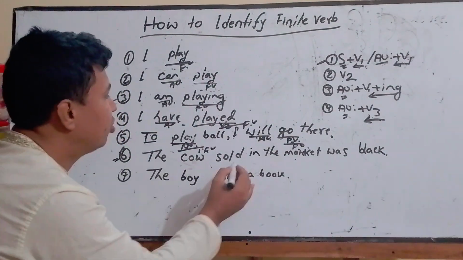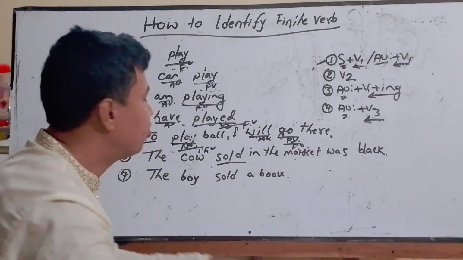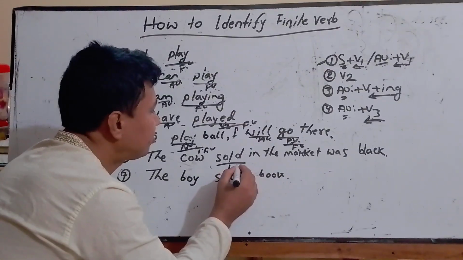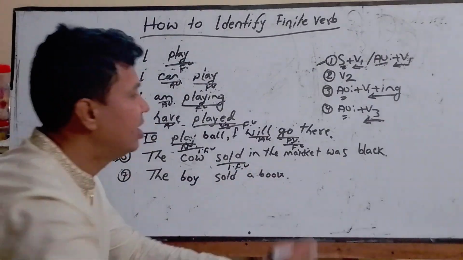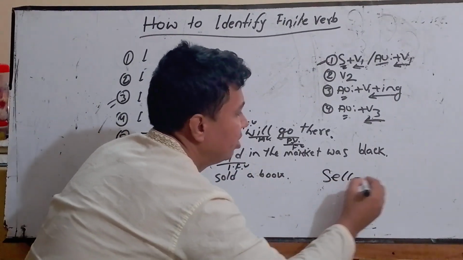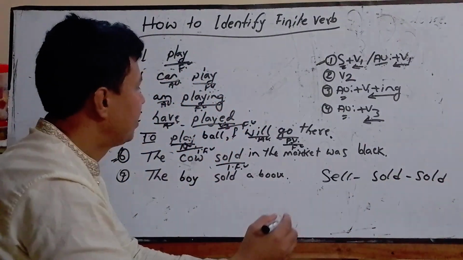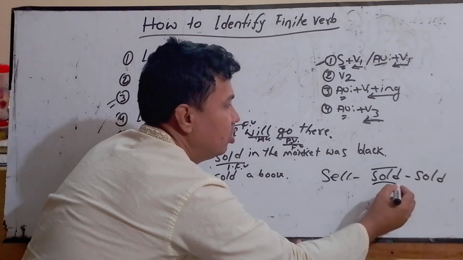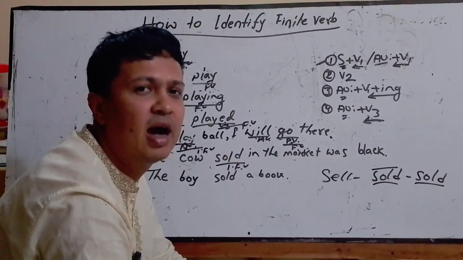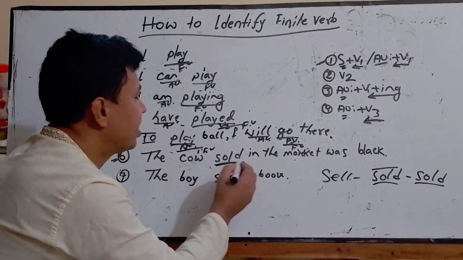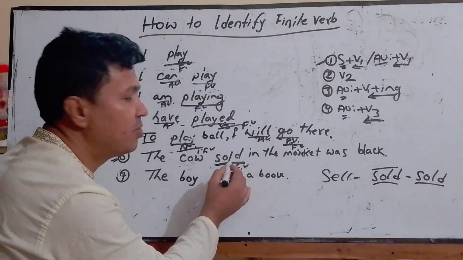Question number 6. "Sold" is a non-finite verb. Can you tell me? See here, sell, sold, sold. Verb 2 and verb 3 are the same. How can we identify this one is a non-finite verb?